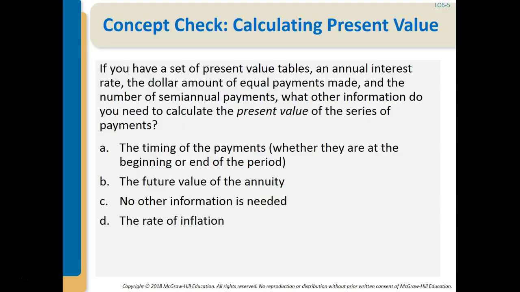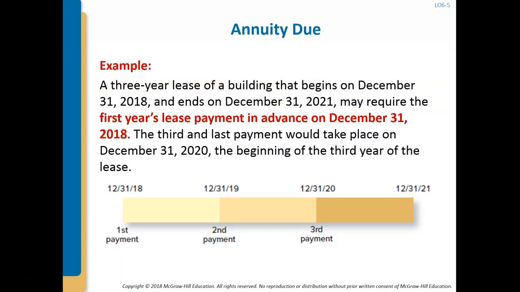Now, an annuity due is where the first payment is made on the first day of the agreement, and the last payment is made one period before the end of the agreement.